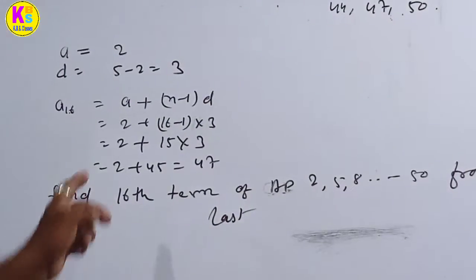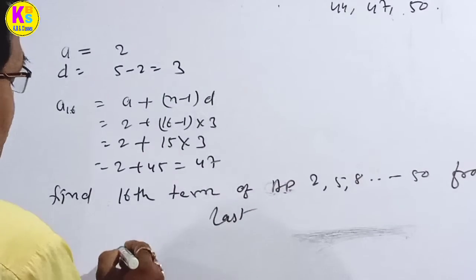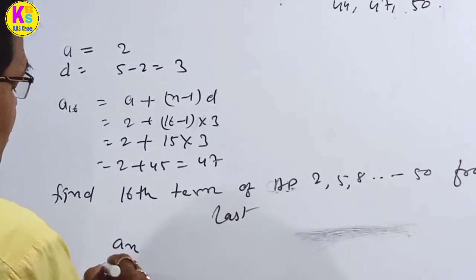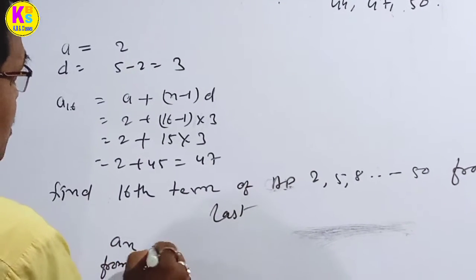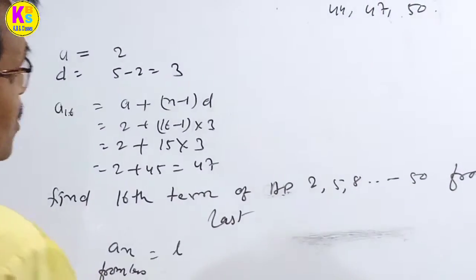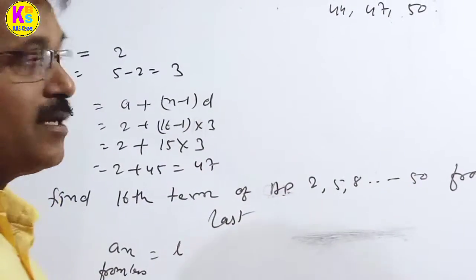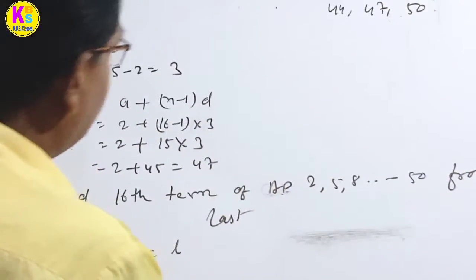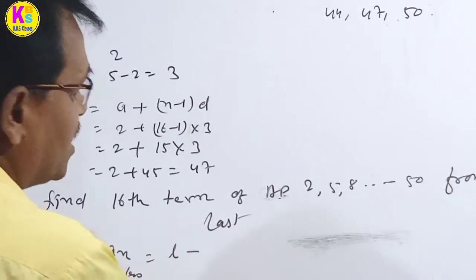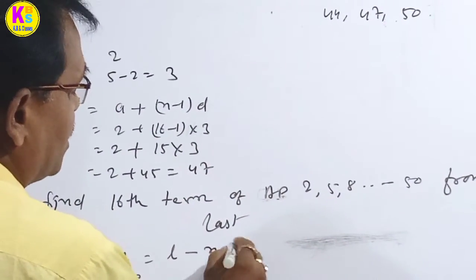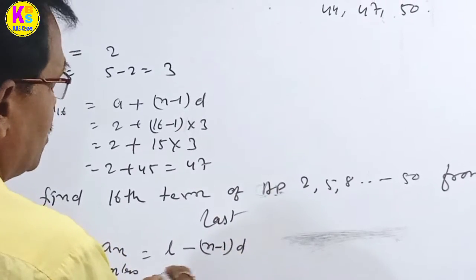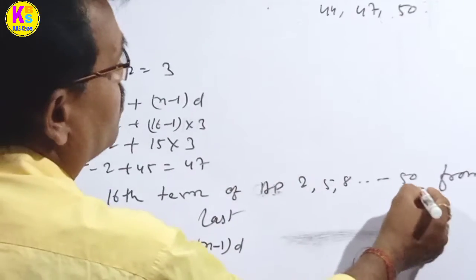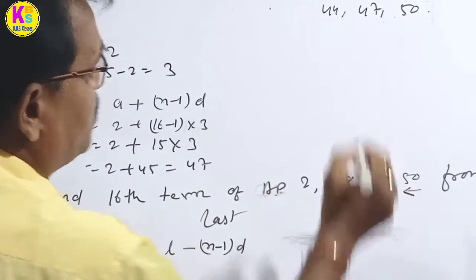How will you get it? An from the last is equal to L minus (N minus 1) into D. You may use L in place of A, because you are taking terms from the last. L means the last term, starting from this point, 50.